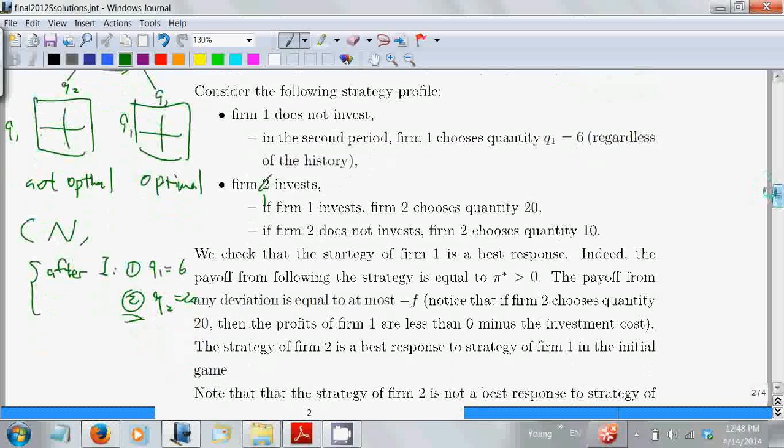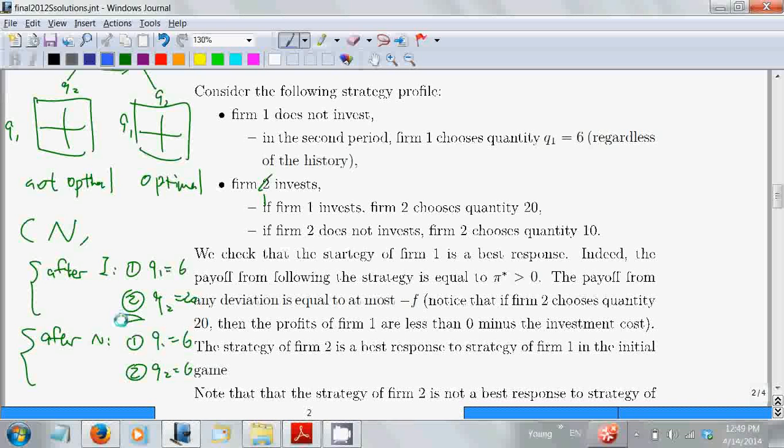And we need to specify what happens after history N as well. So then, as I said, they need to behave optimally. So the Nash equilibrium that we calculated before should be optimal for both of them. So in order to prove that this thing is a Nash equilibrium, we need to prove that on the equilibrium path, both of them are behaving optimally.